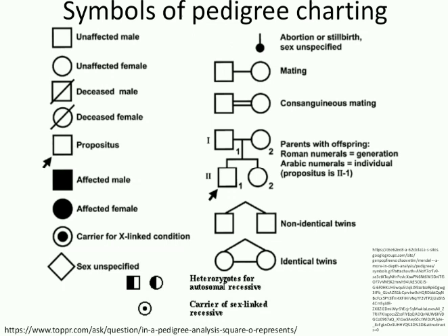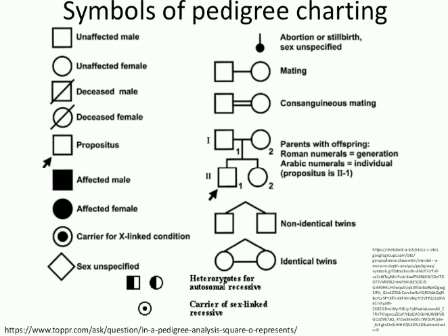You can also represent the parents with their offspring. On the bottom right you can see the non-identical or dizygotic twins represented in a particular way, and the monozygotic or identical twins represented in another way. If you shade the square or circle partially instead of completely, that means they are heterozygotes.